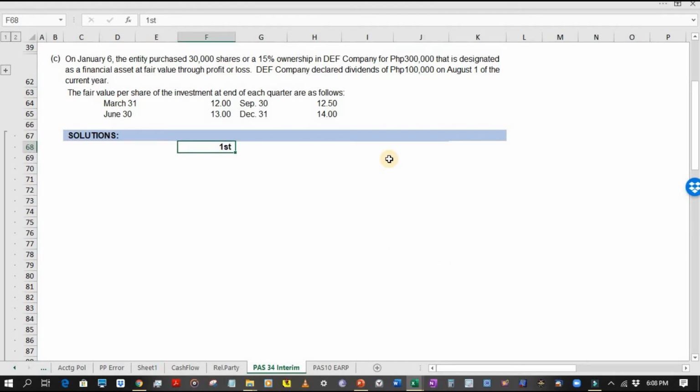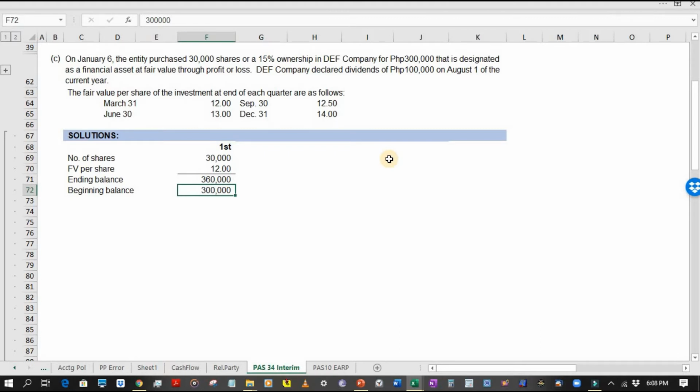For the first quarter, the number of shares is 30,000 shares. Then the fair value at the end of the first quarter is 12 pesos, which is March 31. So 30,000 shares multiplied by 12 pesos is 360,000 pesos. And this will be compared with the beginning balance, which is the acquisition cost on January 6, which is 300,000 pesos.